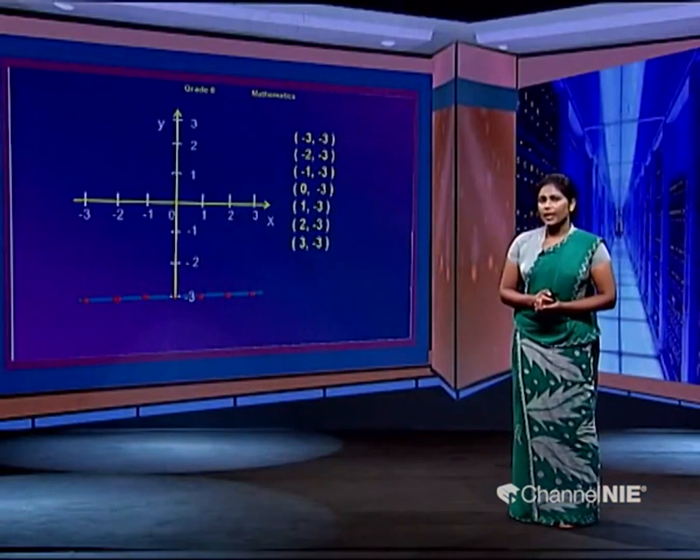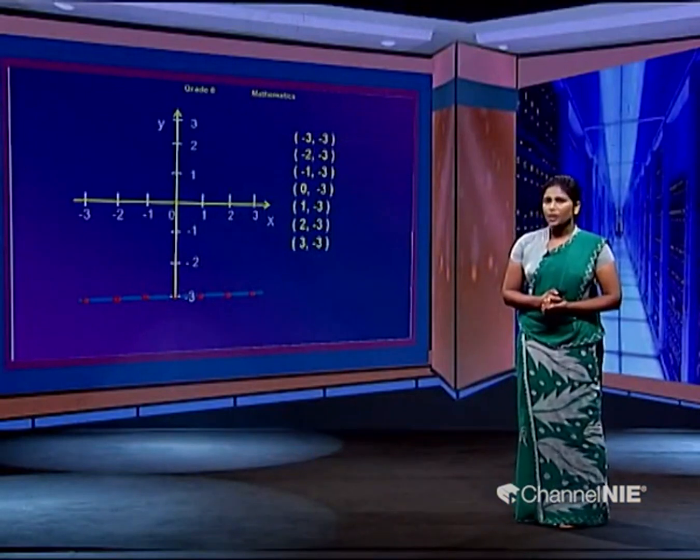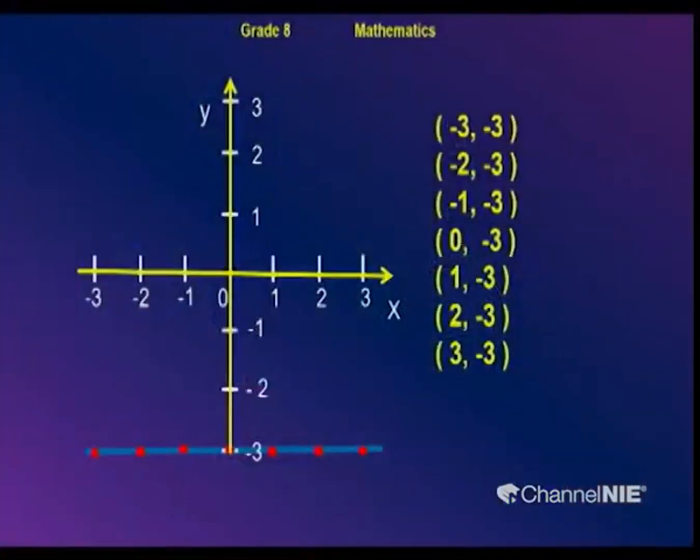I think you know the answer. Yes, this is parallel to the x-axis, so the name of the line starts with y. The line cuts the y-axis at -3, so it should be y equals -3.